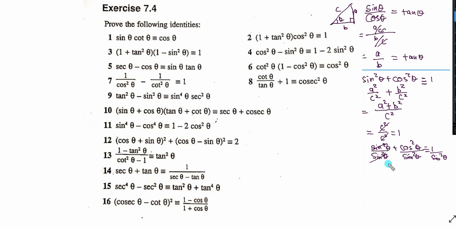This cancels. You got 1 plus cosine square theta divided by sine square theta, which is basically cotangent square theta. And then 1 over sine square theta is basically cosecant square theta. So this gives you the identity.